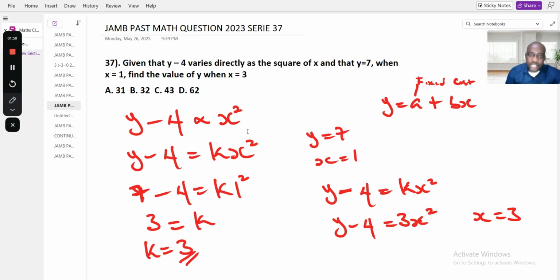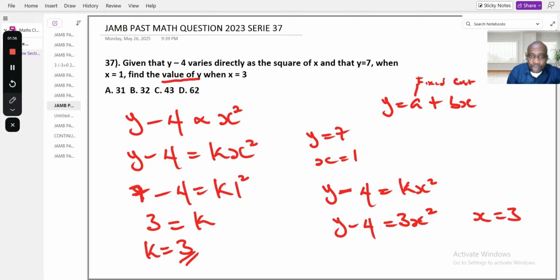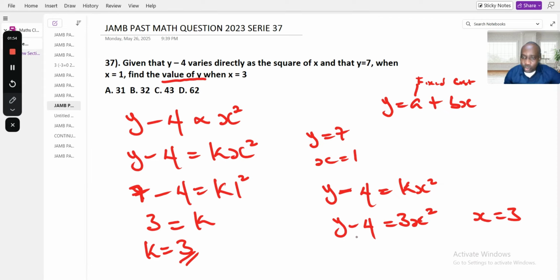Now, the question says we should look for the value of y. We have gotten the equation now. y minus 4 equals 3x squared because we substitute for k. k is 3. Therefore, instead of writing this k here, you replace it with the 3 that we got. So y minus 4, what is our x? Our x is 3. 3 raised to power 2.